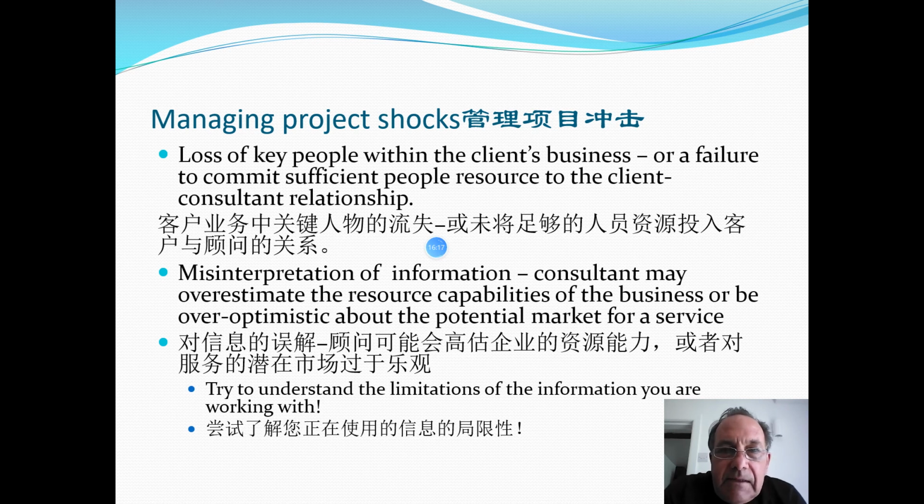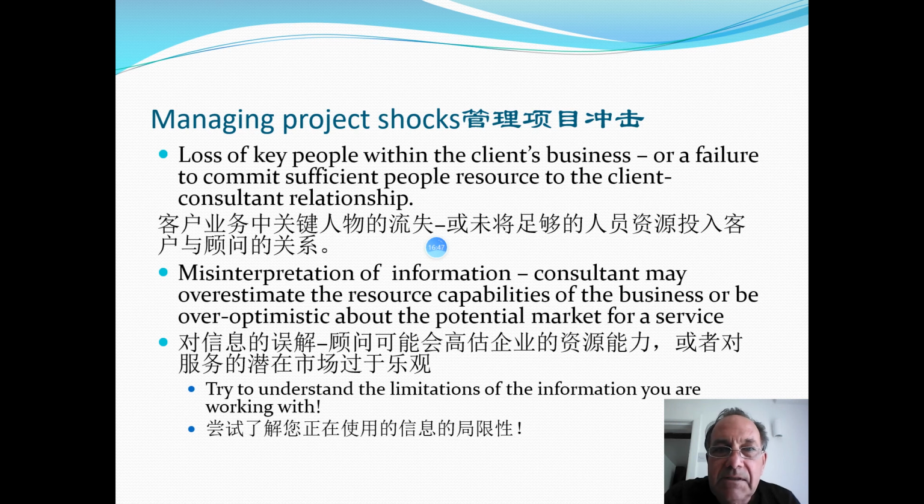Some other aspects of project shocks may be some kind of misinterpretation of information. One of the things that I think we had to avoid this year with Ruskin was that, having agreed an initial brief, when we went to talk to the client, they began to talk about adding to those activities and tasks that they wanted to carry out.